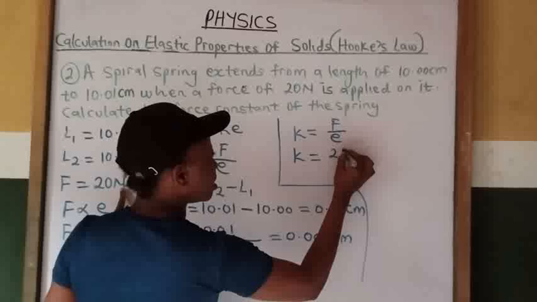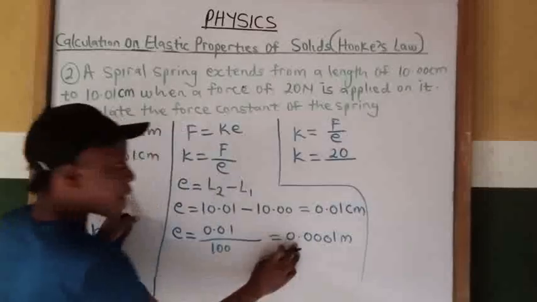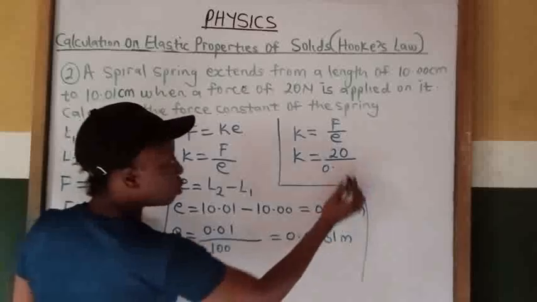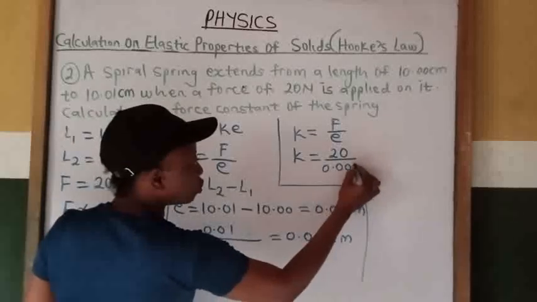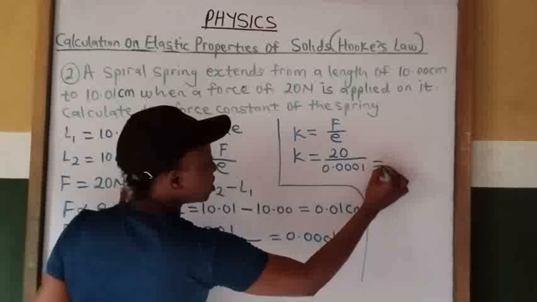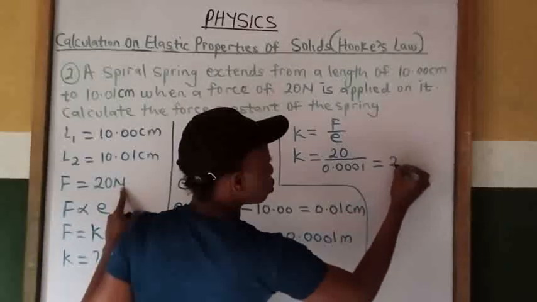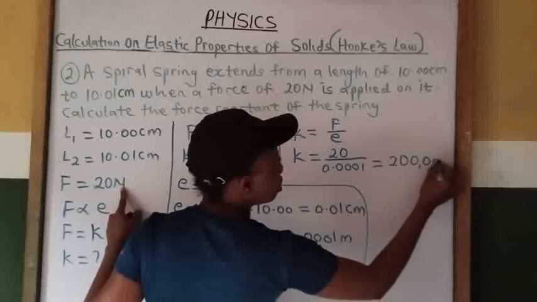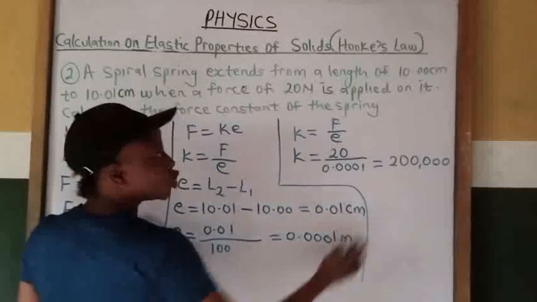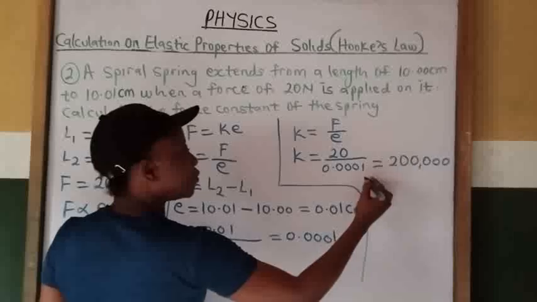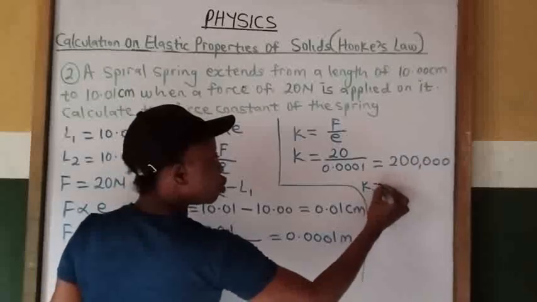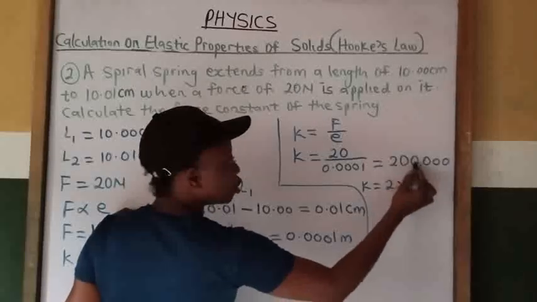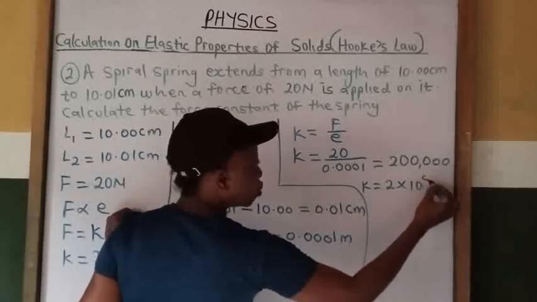So that will be 20 divided by our extension E, which is 0.0001. This is equal to 200,000. We can convert it to standard form, so our K will be equal to 2 times 10 raised to power 5.